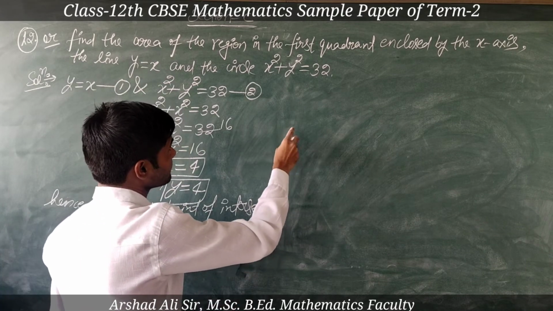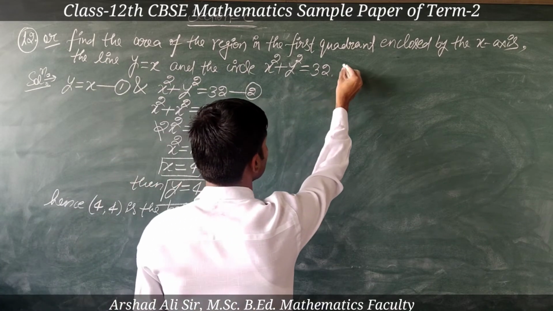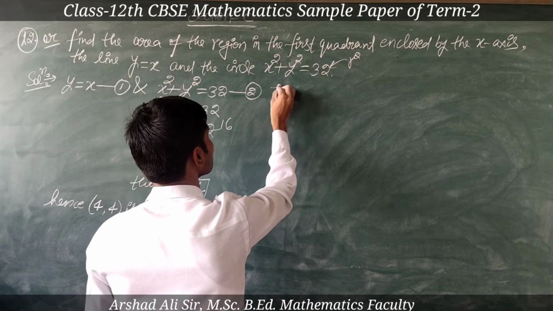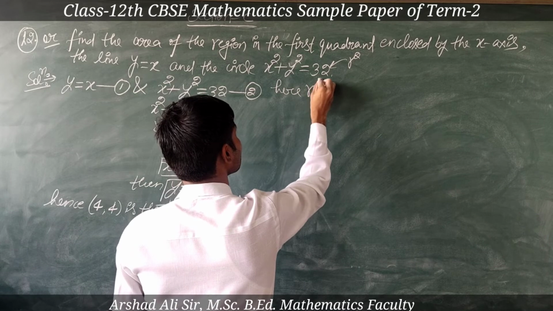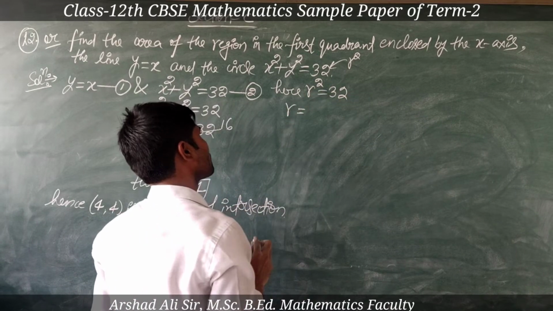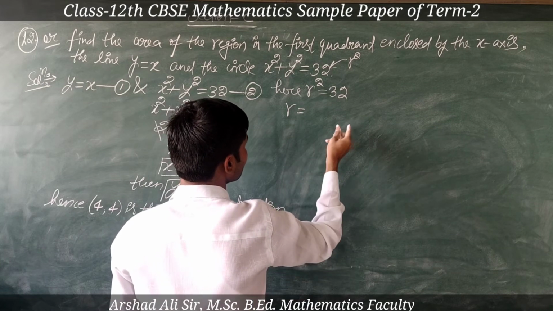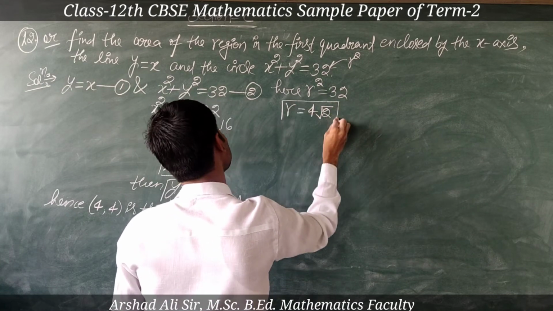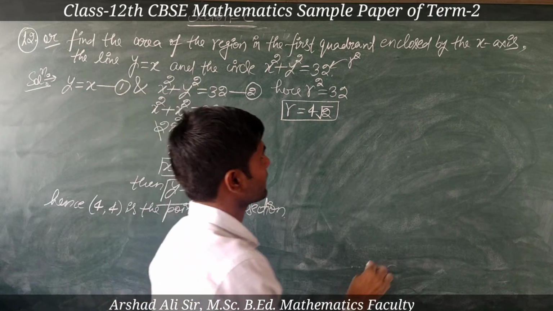Equation of circle is x square plus y square is equal to r square. Okay, it is the square of radius. So here r square is equal to 32. So we can write 4 4s are 16, 2 16s are 32. So it means 4 root 2 will be the radius of the circle. Now we can draw the diagram.